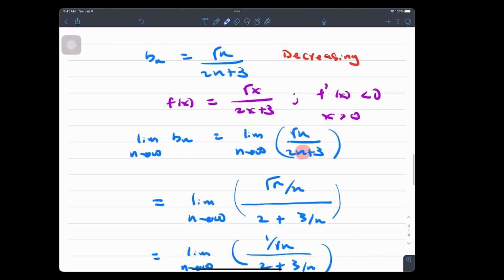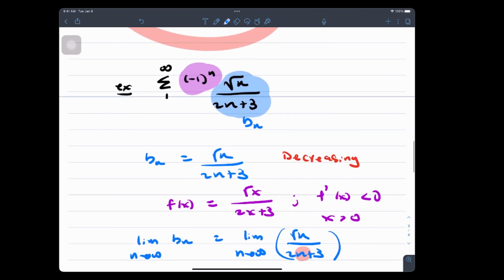So what does that mean if that limit equals 0? This means you got convergence by the alternating series test.